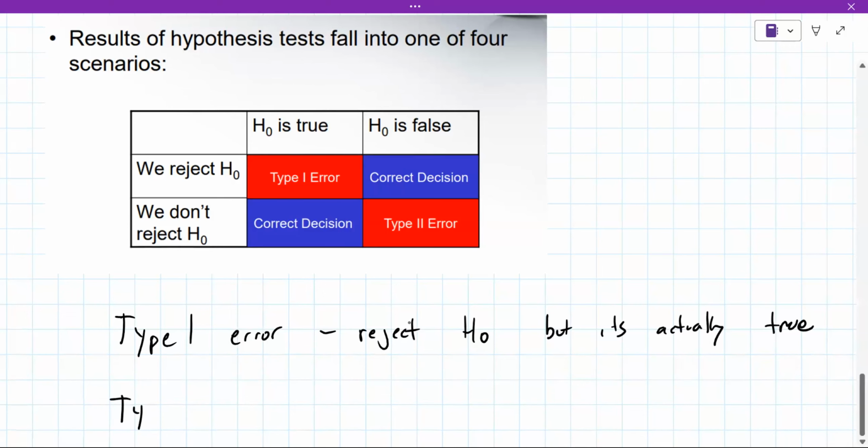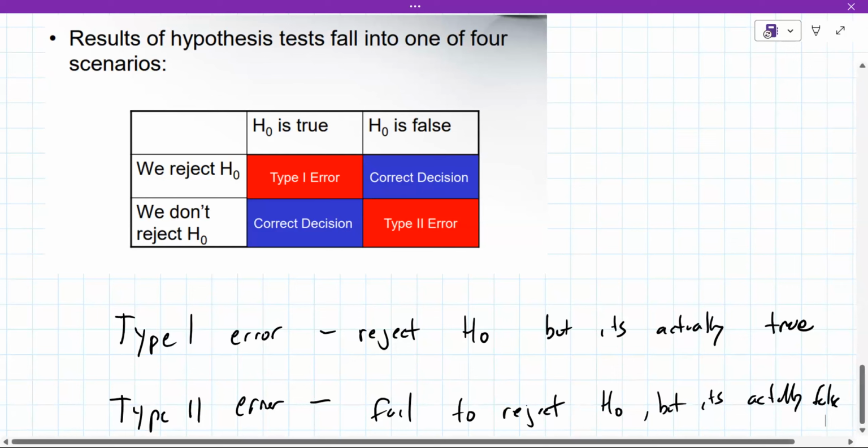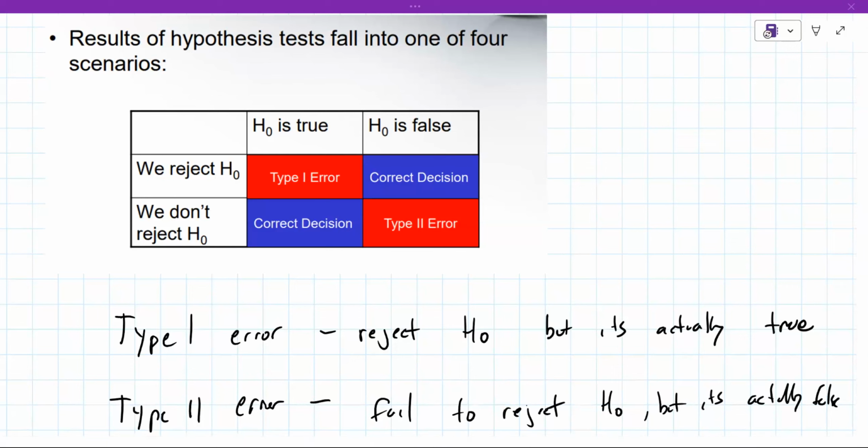The type 2 error, that's the other one here, and for whatever reason they use Roman numerals, is when you fail to reject H0, but it's actually false. Those are the two main ones to remember. The other correct decisions come up on occasion, but maybe not in your class. Okay.